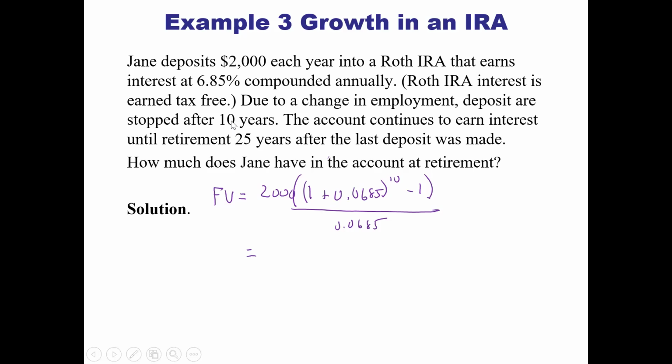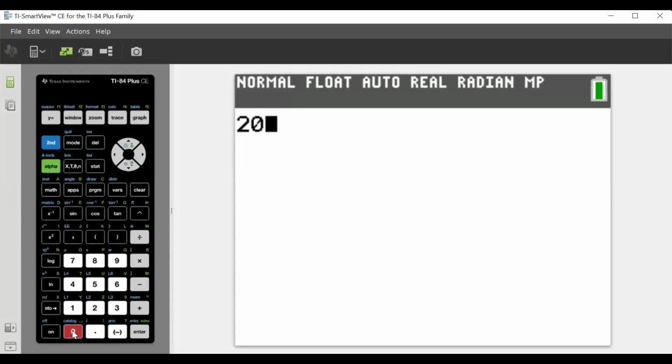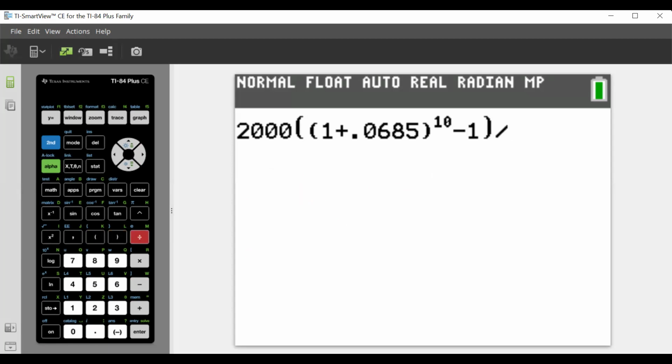So let's go calculate that. We had 2,000, making payments for 10 years, times parenthesis 1 plus 0.0685, raised to the power 10, then subtracting off 1, and then dividing by 0.0685.